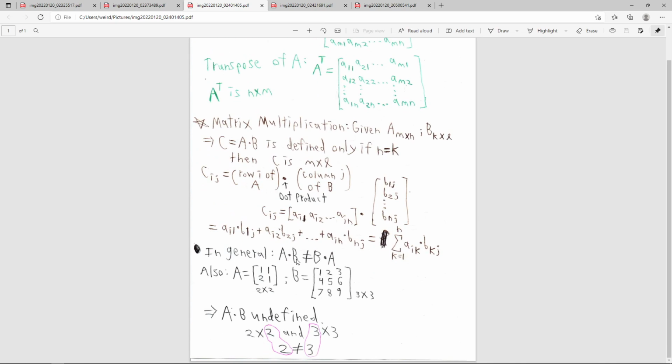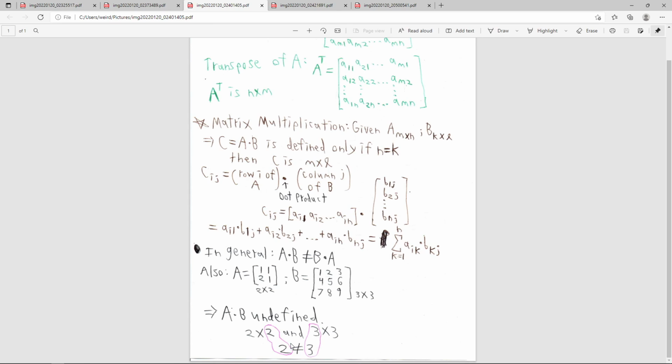In general, A times B does not equal B times A. Matrix multiplication is not commutative. So if you have a 2 by 2 matrix and a 3 by 3, it's undefined. That's one case: 2 by 2, 3 by 3.